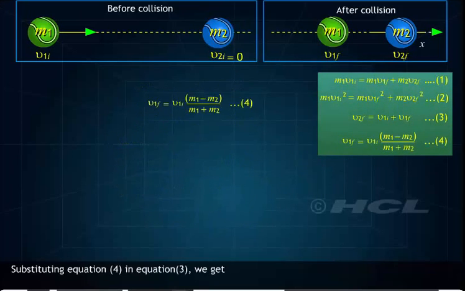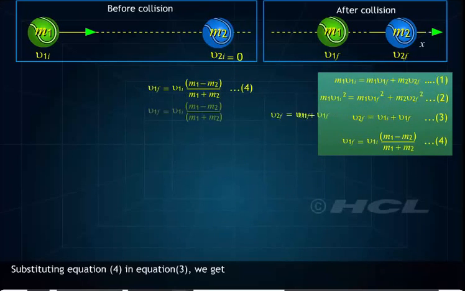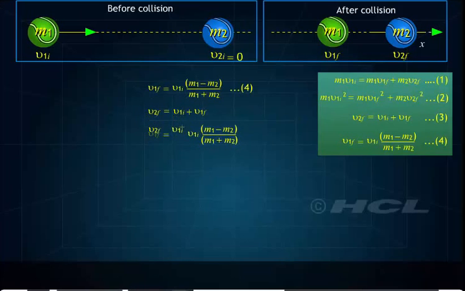Substituting equation 4 in equation 3, we get v2f equals v1i plus v1i into (m1 minus m2) by (m1 plus m2), which equals v1i into (1 plus (m1 minus m2) by (m1 plus m2)), which equals v1i into ((m1 plus m2) plus (m1 minus m2)) by (m1 plus m2).